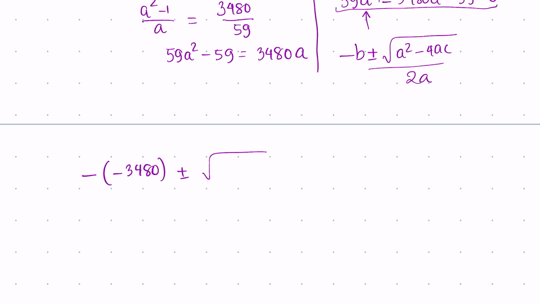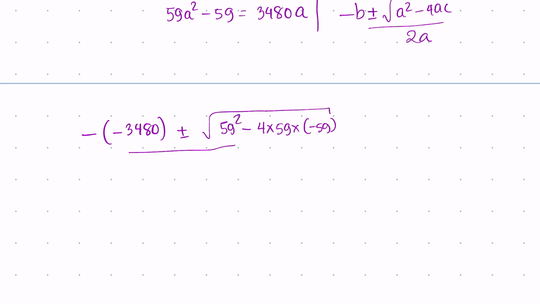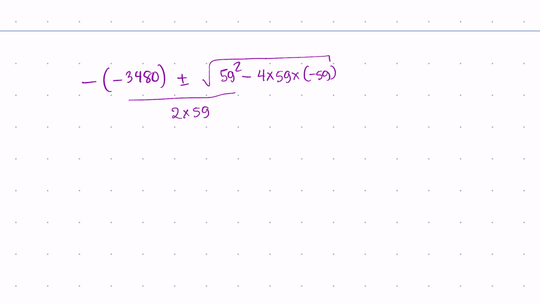Well, b squared is just 3480 squared minus what is 4ac, 4 times what is a, 59, times what is c, minus 59. Okay, so that's divided by 2 times 59. So this is nothing but 3480 plus minus root 12124.